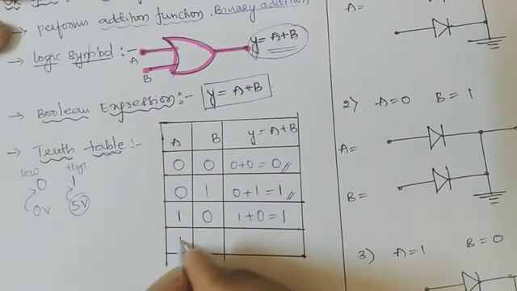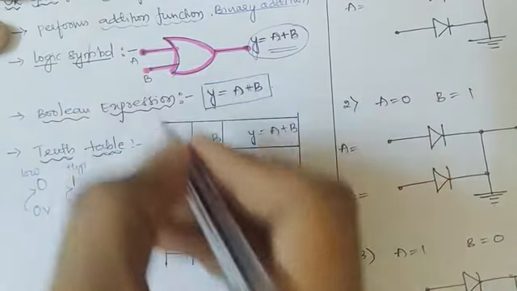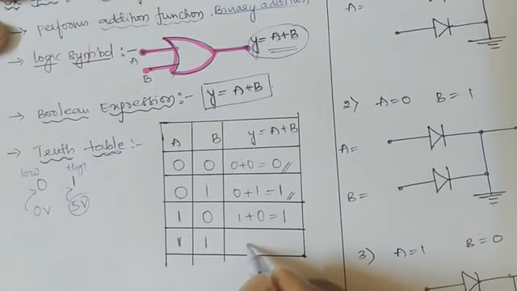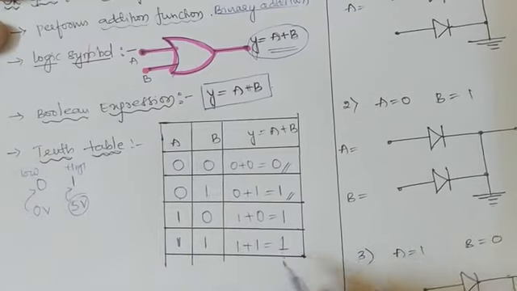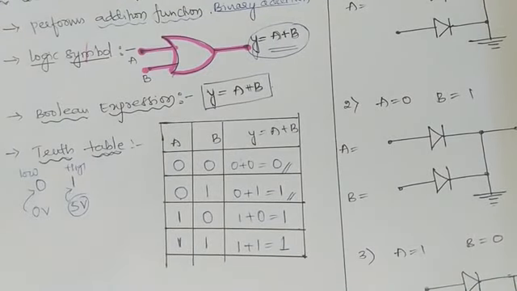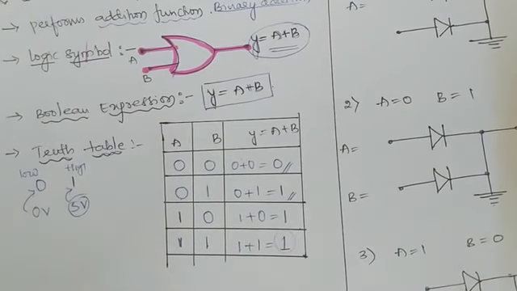If both inputs are high, that is, we apply high voltage across both, then we get a high output. 1 plus 1 gives 1, because in binary addition we get only 1 or 0. So this is the working of the Boolean expression.